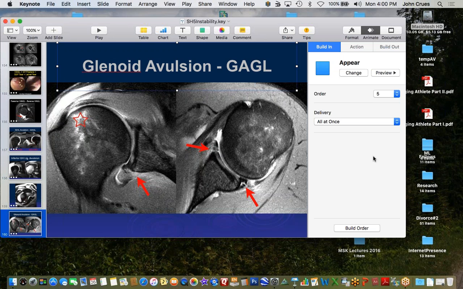You also would bring it inferiorly to prevent dislocations that are inferior. Most dislocations are anterior inferior, and then some are directly inferior, but that would fix both of these.